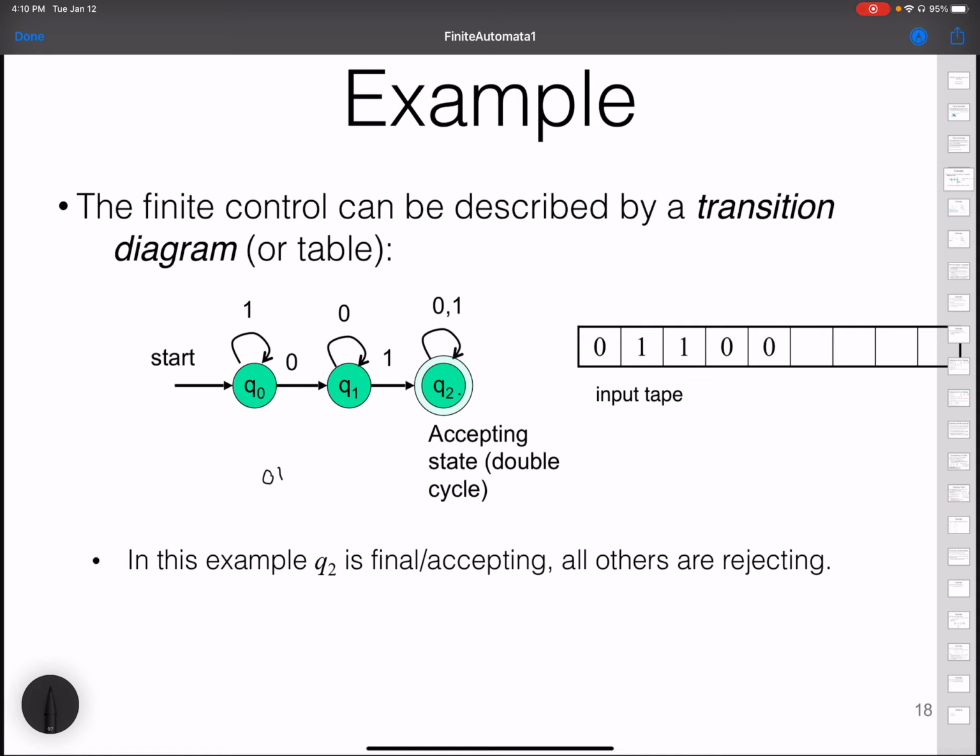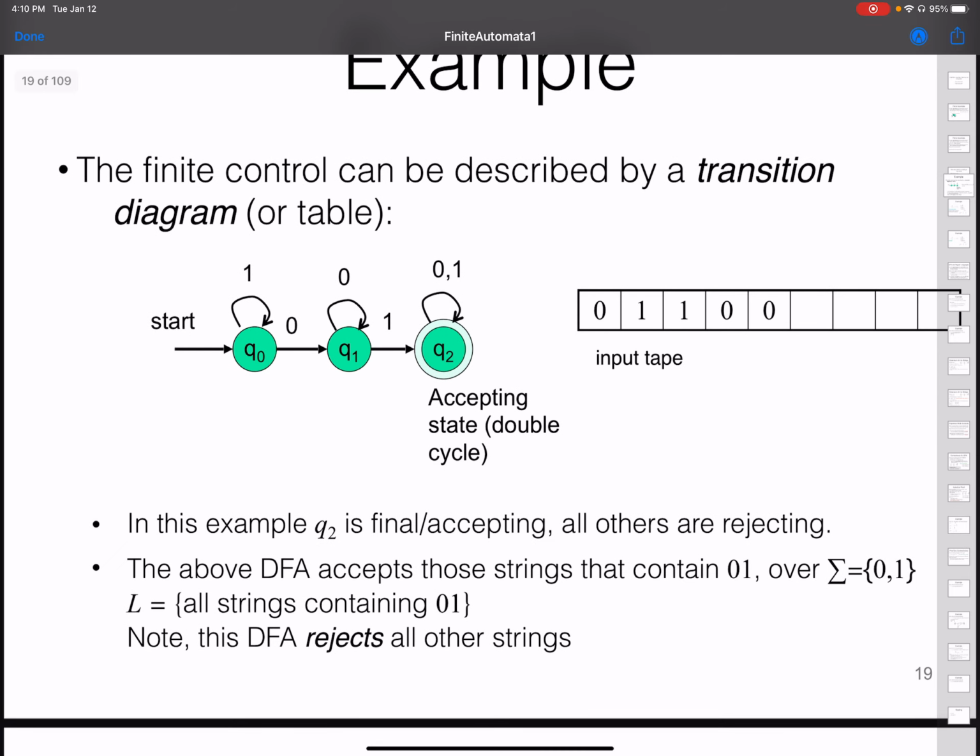So something essential about this finite state is that it will accept all those binary strings that have the pattern 0, 1. So that's it. This is going to be the definition of the language of this DFA. The language of this DFA is going to be the language of all binary strings that have the pattern 0, 1.